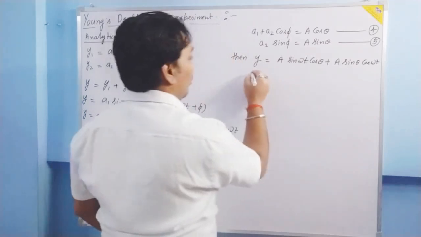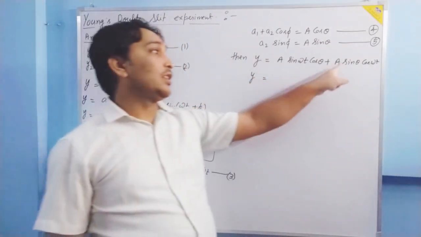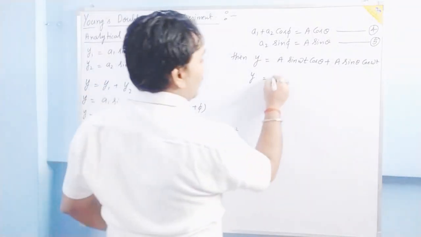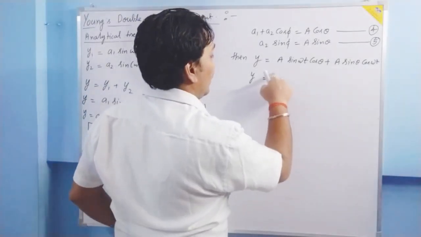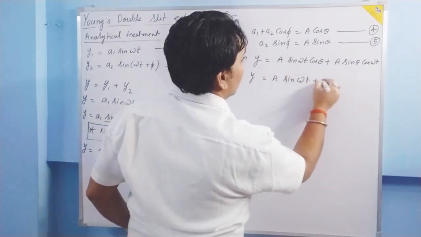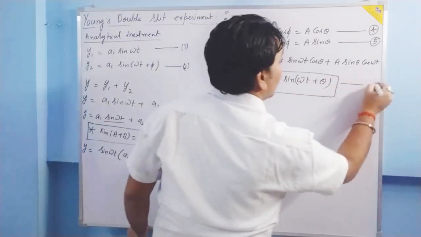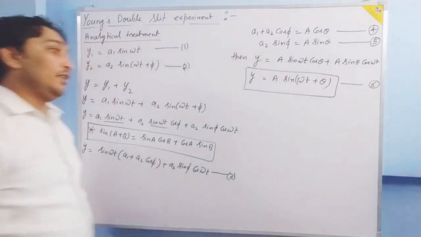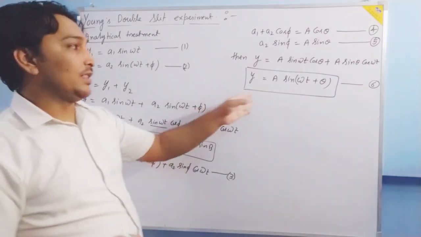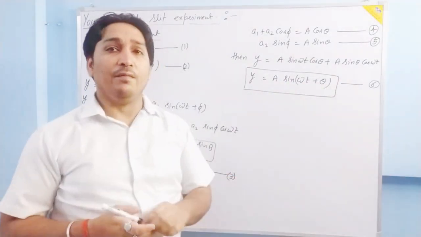If we take A common, what we are going to have is sin omega t cos theta plus sin theta cos omega t, the same formula. So we can write y is equal to capital A sin omega t plus theta. So this is the equation of resultant displacement or resultant wave. So y is equal to A sin omega t plus theta. This is the equation of resultant wave.